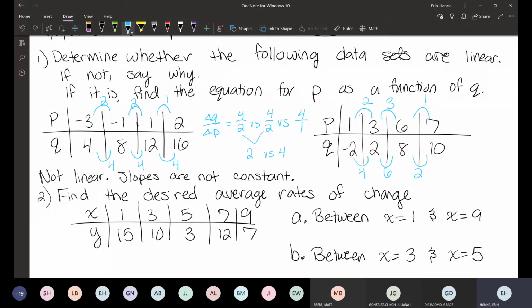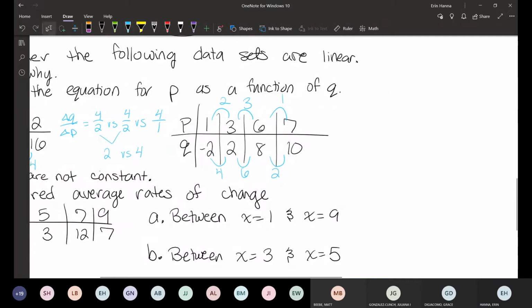So if we compare the change in Q's over change in P's, we're going to have 4 over 2 versus 6 over 3 versus 2 over 1, which all reduce to 2. So that means the slopes are constant, so we do have a linear relationship.